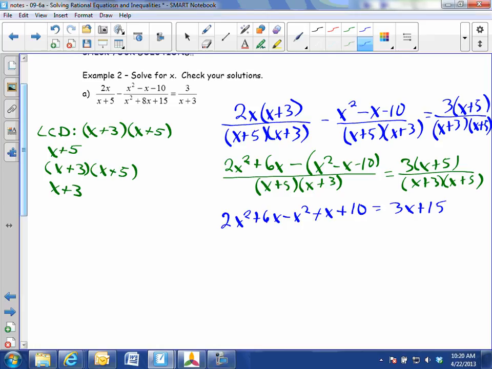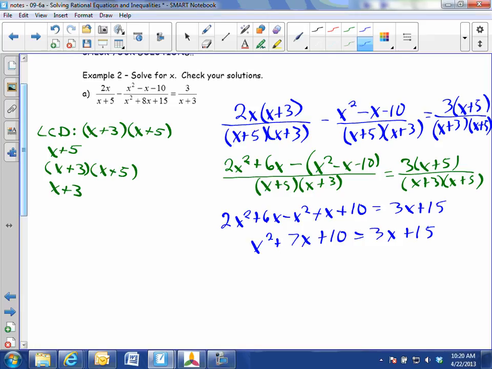Alright, so then I would just combine like terms over here on the left side. So x squared is combined, we just get x squared. 6x plus x is 7x. 10 is just 10. Then what do we do? Wait, why did you change those to pluses? Because I'm subtracting this whole thing, because I want to distribute the negative.